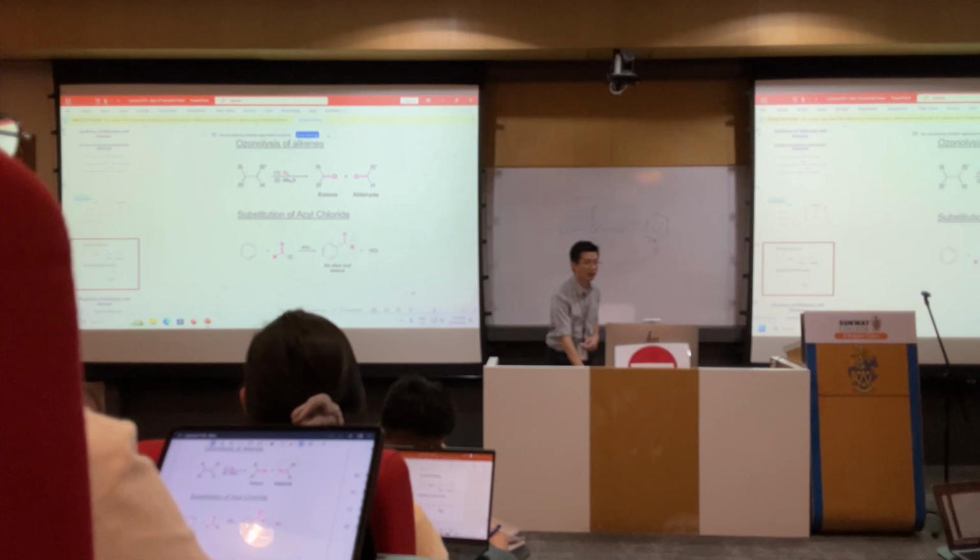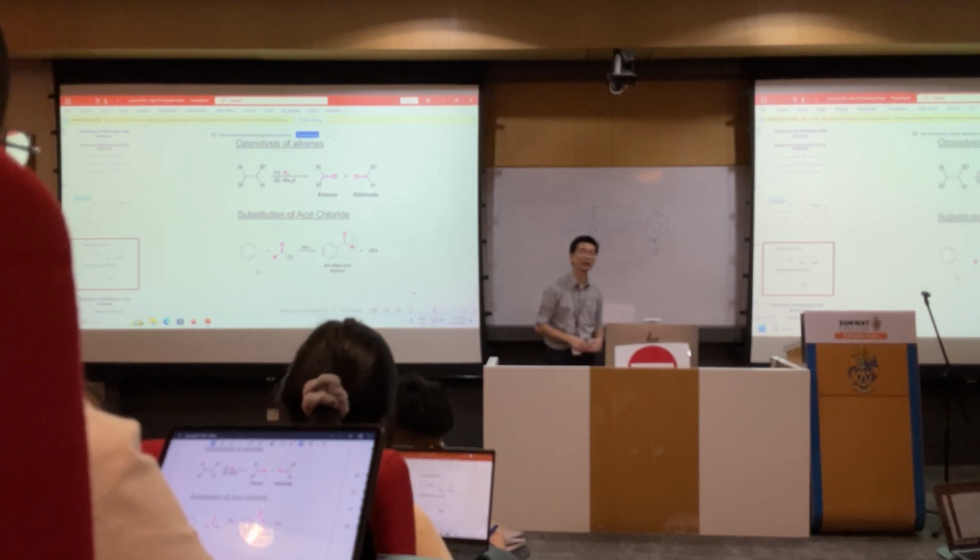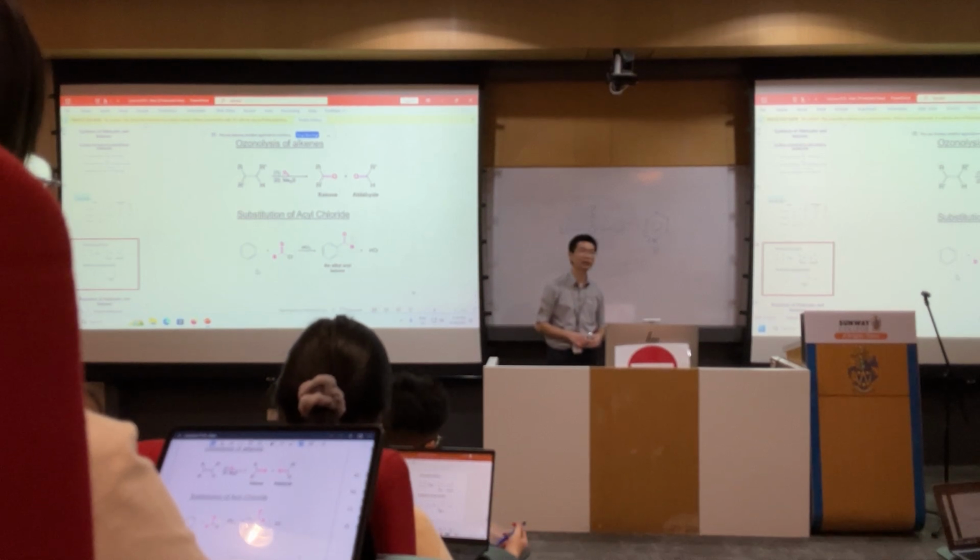If we react this with carboxylic acid, no reaction will happen, or at least it requires a catalyst to make the reaction happen.